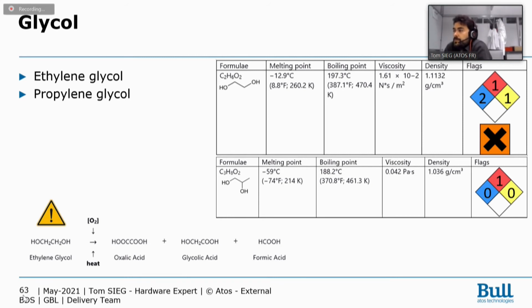It will also cause damage if you get it in your eyes, your mouth, or other body parts. On components, it's dangerous for plastics because it will attack plastic parts, but mainly metallic parts will be attacked by glycol when it dries, because again it will generate acid.